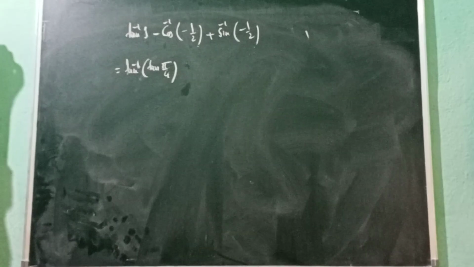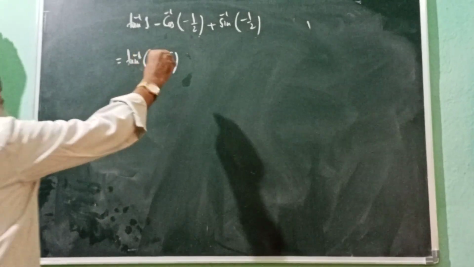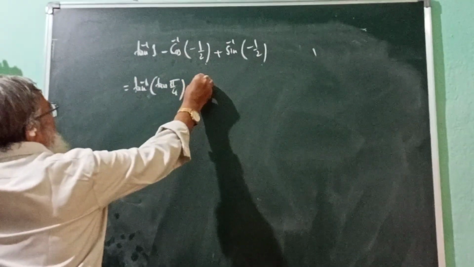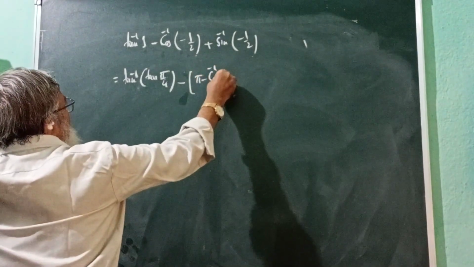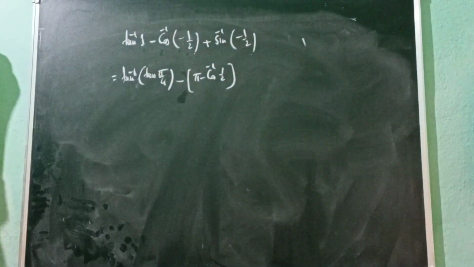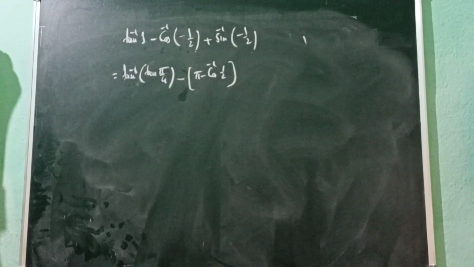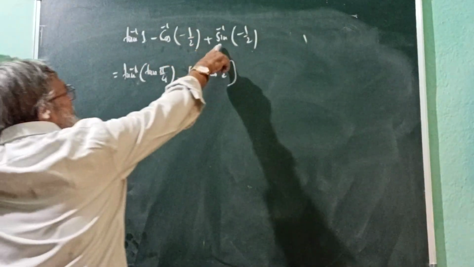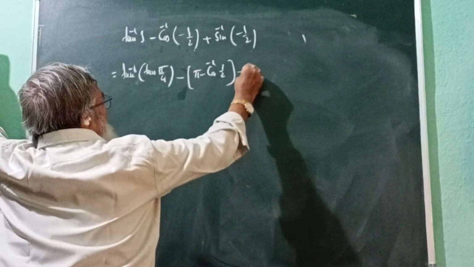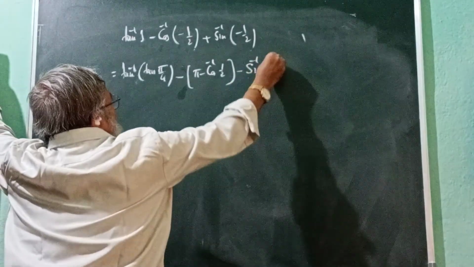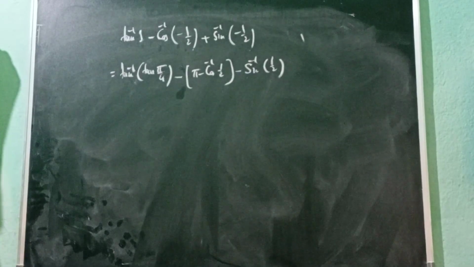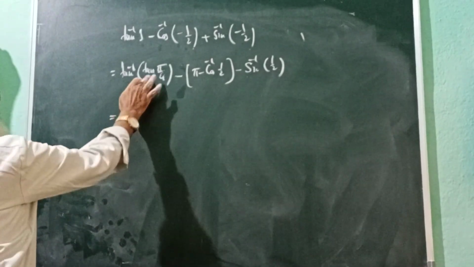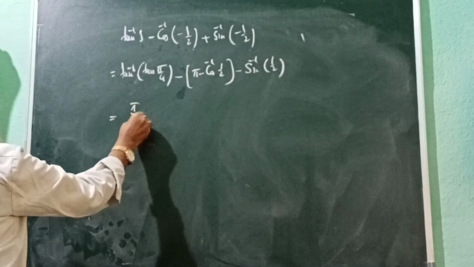Tan inverse 1, minus cos inverse minus x, that is pi minus cos inverse of x. That formula we have to apply. And then sin inverse minus x, by the formula, is minus sin inverse of x. We write it like this. Now then again it gets cancelled, it is pi by 4.